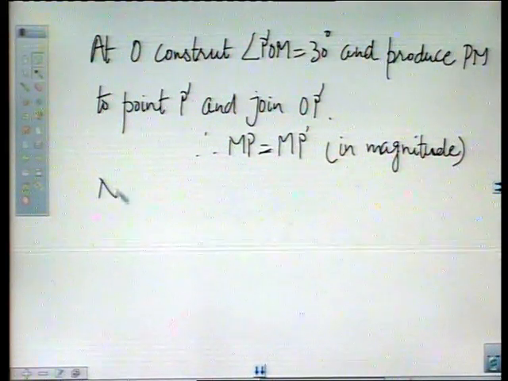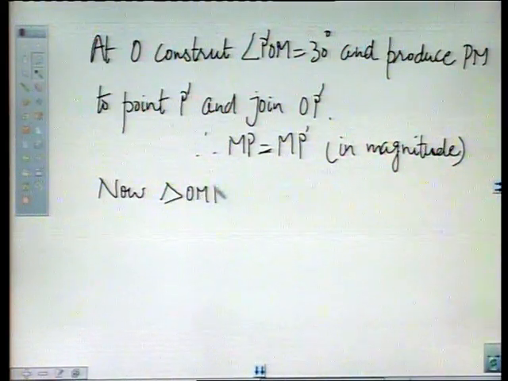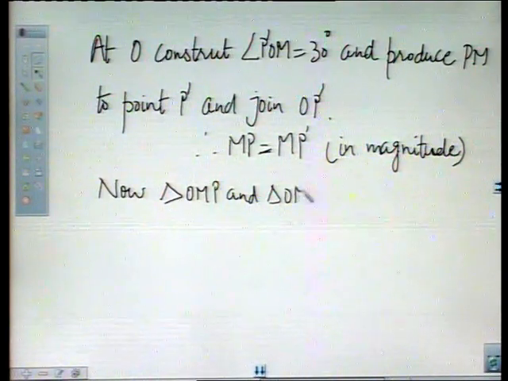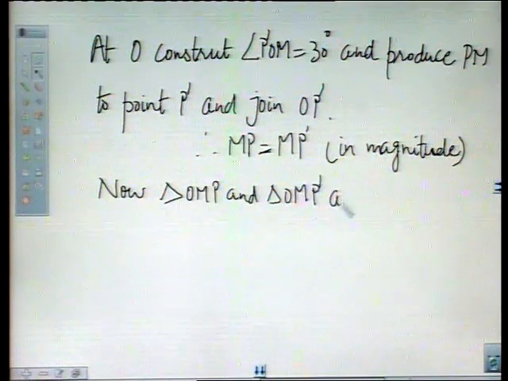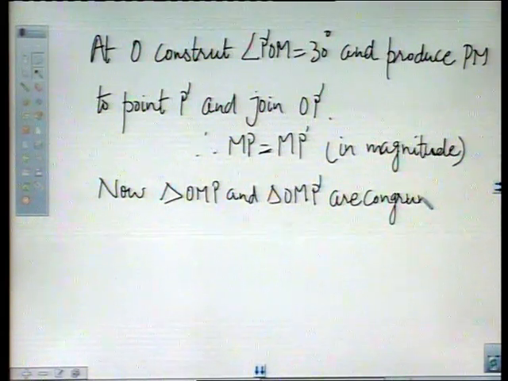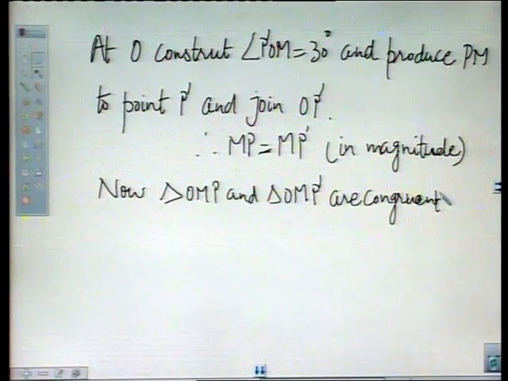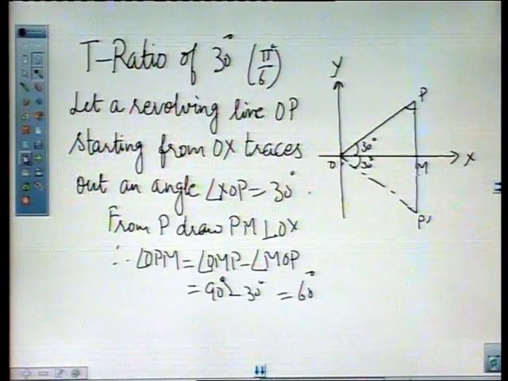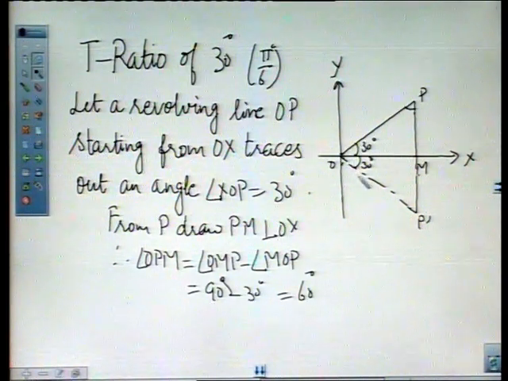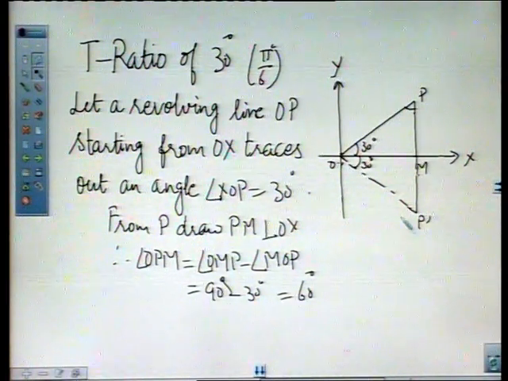Now, triangles OMP and OMP dash are congruent. Why do we say these two triangles are congruent? Let's look here. We have constructed a 30 degree angle here, then produced PM to P dash and joined OP dash, and we got these two triangles.